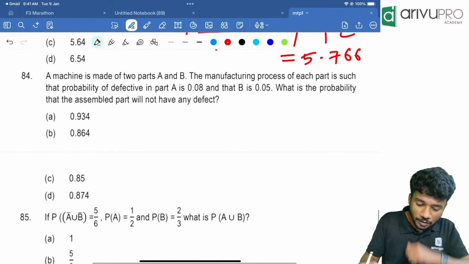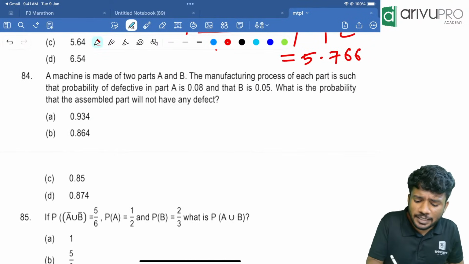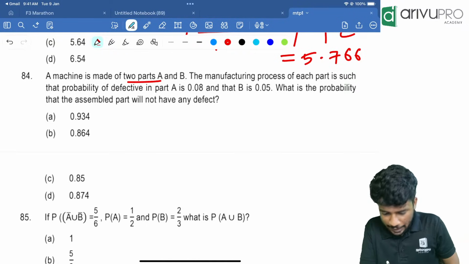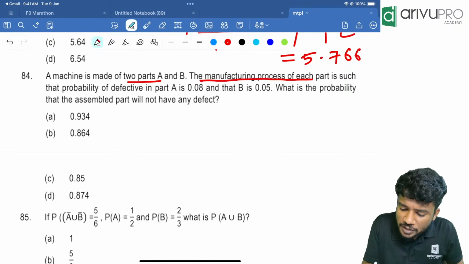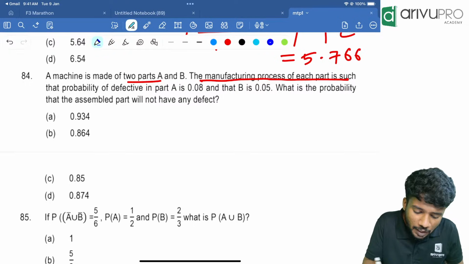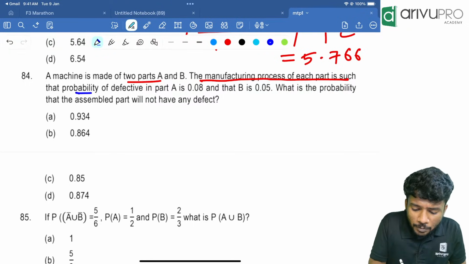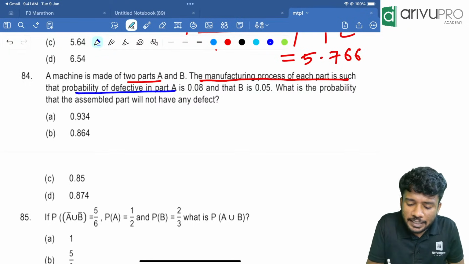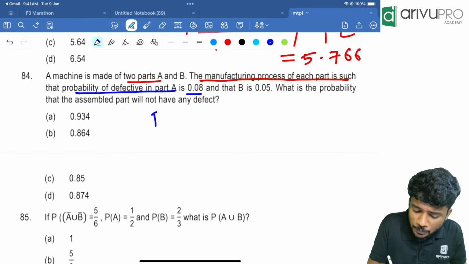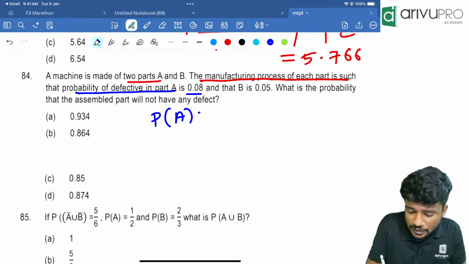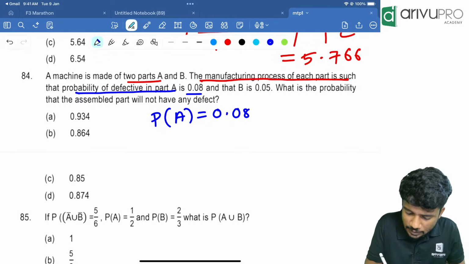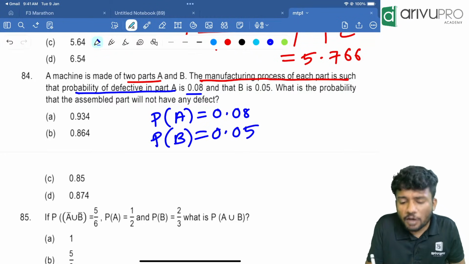Next one. A machine is made of two parts, A and B. The manufacturing process of each part is such that probability of defective in part A is 0.08. That means P of having defective is how much? 0.08. Then P of B is how much? 0.05.